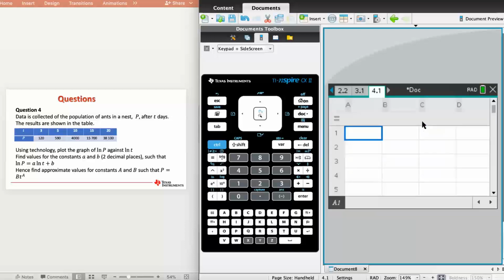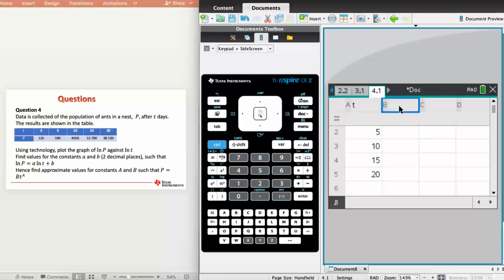On my lists and spreadsheets page, I need to enter the data that I've been given. So my independent variable is time. So let's call this T. At the top of the column, type in T, enter. My values for time are 3 days, 5 days, 10 days, 15 days, and 20 days.